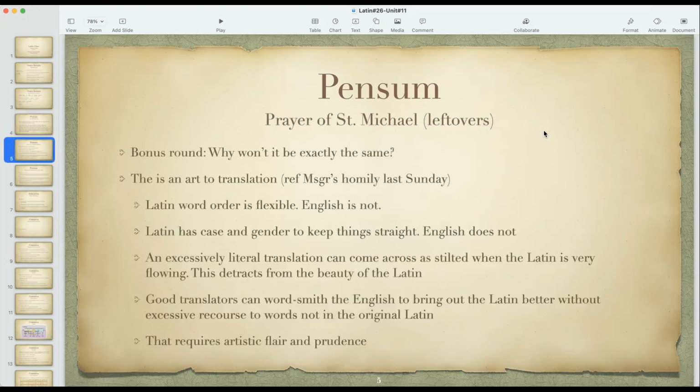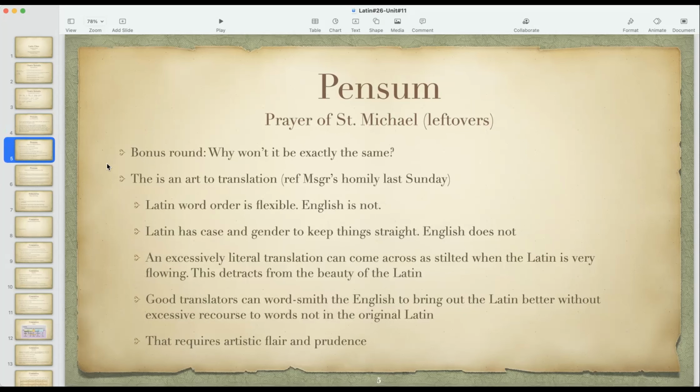You know, why isn't it exactly the same? Well, Teresa, you were there at Monsignor's homily last Sunday. I don't think maybe the other people were. The thing is, there's an art to translation.